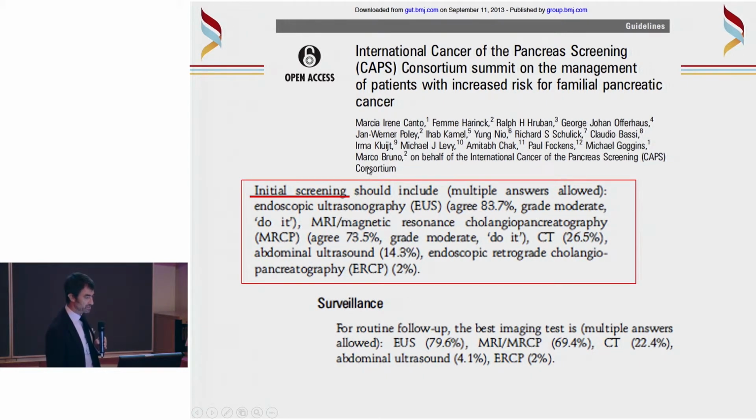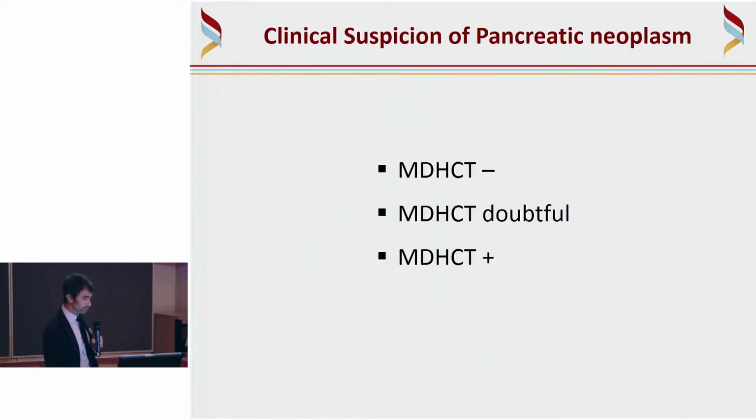But most of the incidental lesions that we find during our daily work come from pancreatic cancer screening programs, because these patients have an increased risk of developing pancreatic cancer, and EUS and MRI are considered the best modalities to perform the screening in these patients. But going back to real life, usually we have a patient with a clinical suspicion of pancreatic cancer.